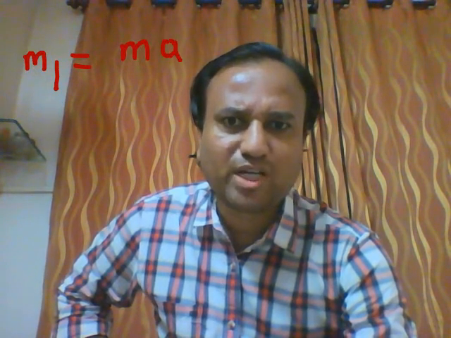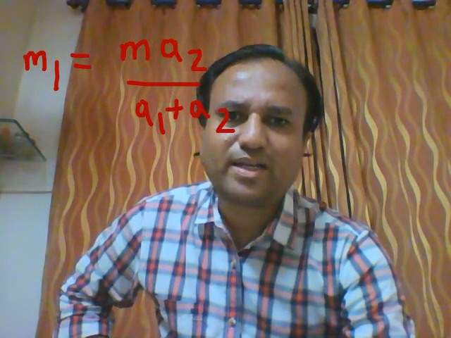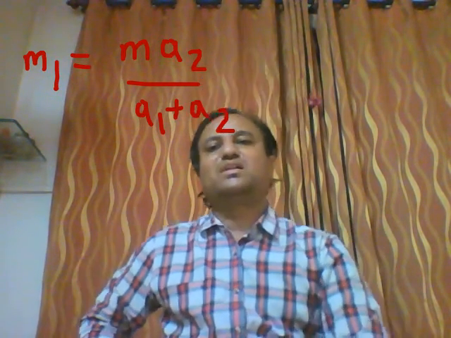So student, the first three conditions you already know. So by using the first three conditions, I will write down the calculation of M1. M1 is equal to M into A2 divided by A1 plus A2. This equation you are getting from the first three conditions.